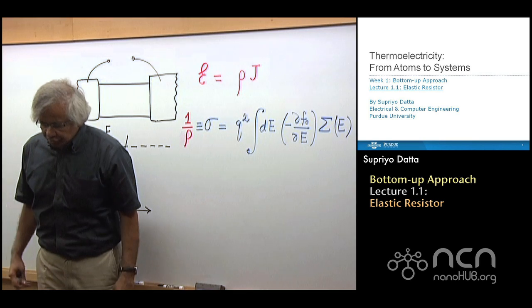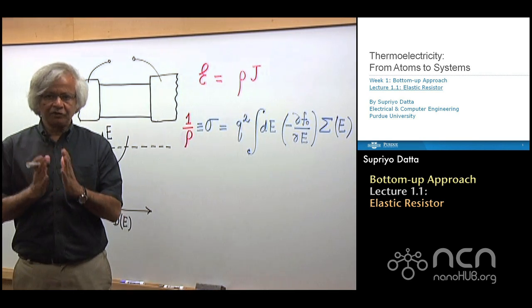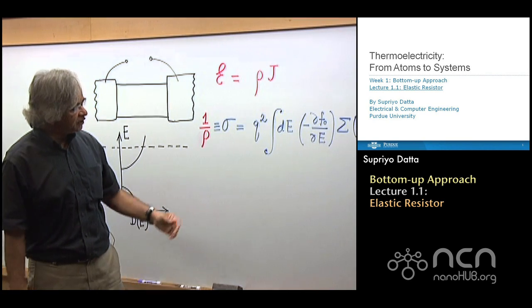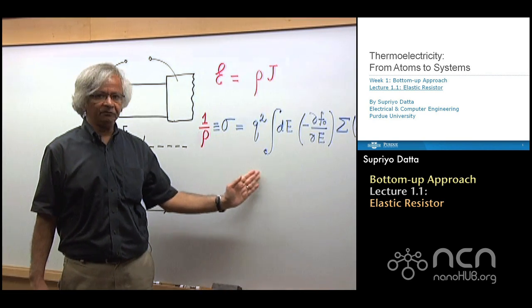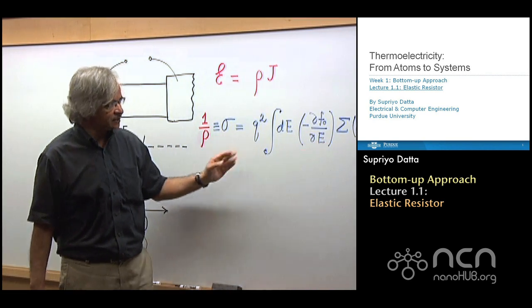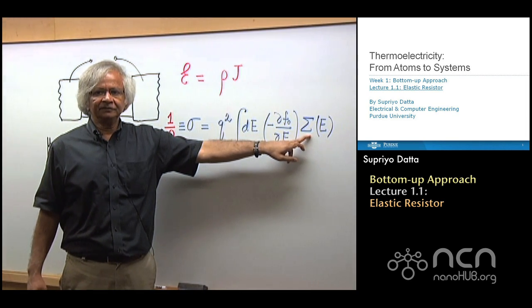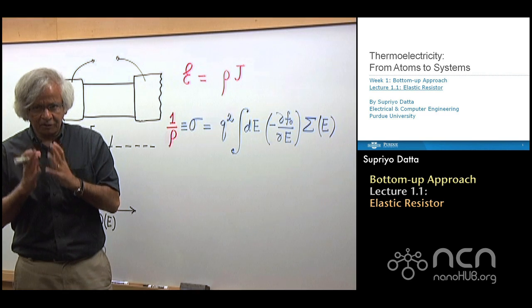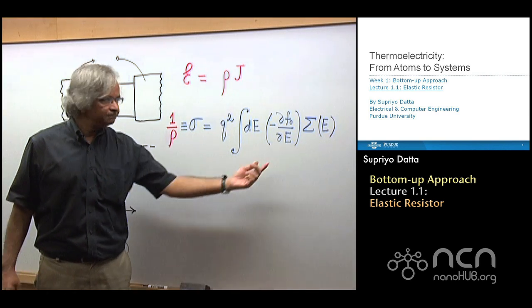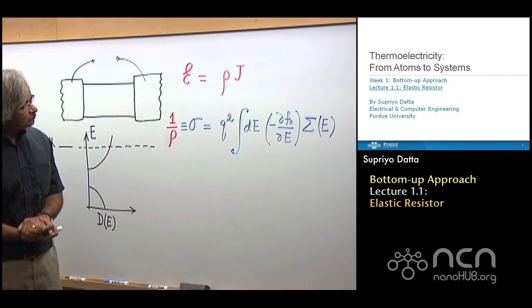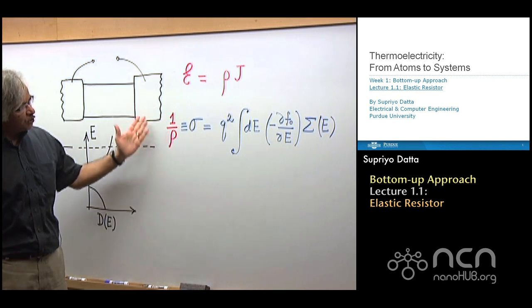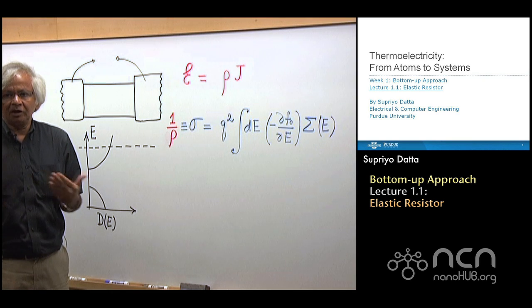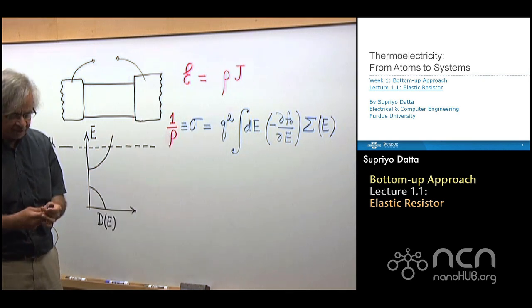And then people would usually do some kind of microscopic theory, usually based on the Boltzmann equation, which would then give you expressions for the conductivity, which would look something like this. And that function there is the function that would contain information about the microscopic properties. Now, this approach is what is usually used to describe current flow, and when you talk about thermoelectricity, one extends this equation.